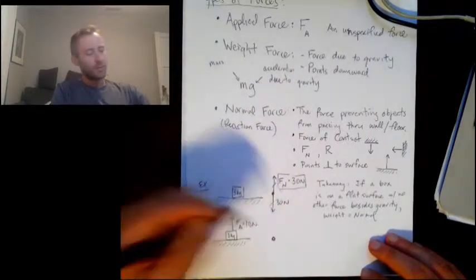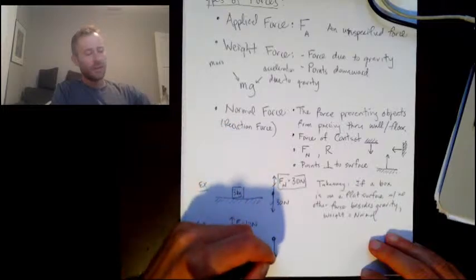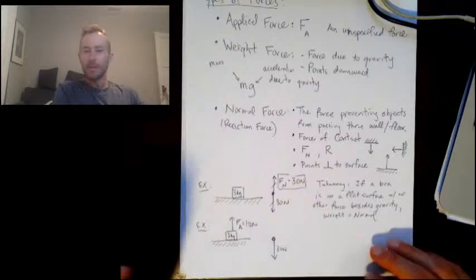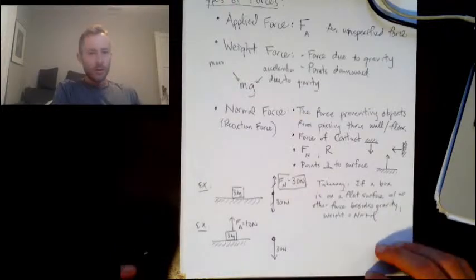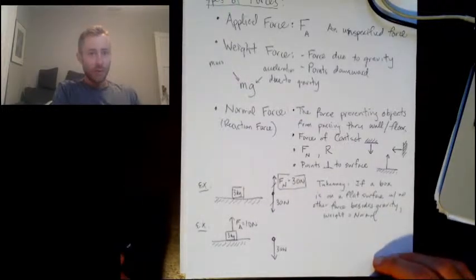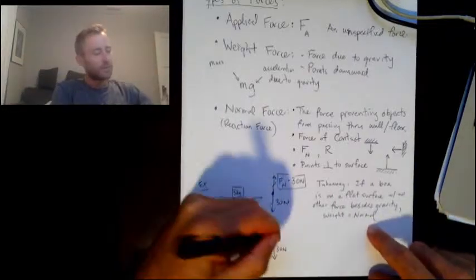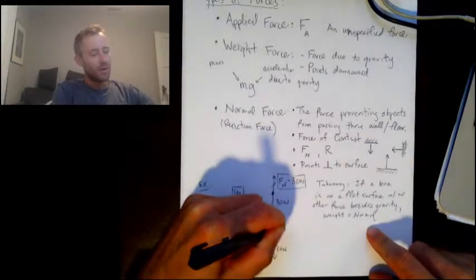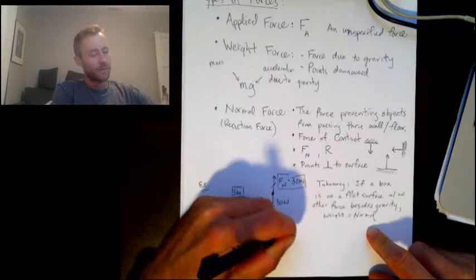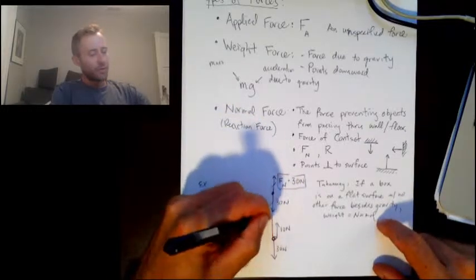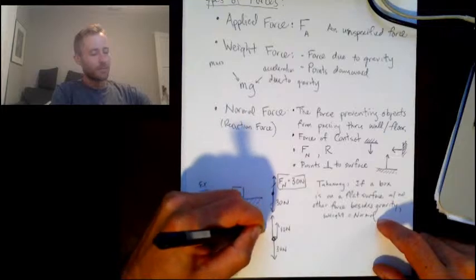Well, we would still have the weight force going down, which is 30 newtons. We have a 10 newton applied force, so that might be me lifting up on the box. So we have a 10 newton upward force, and then we have the normal force going upward again.